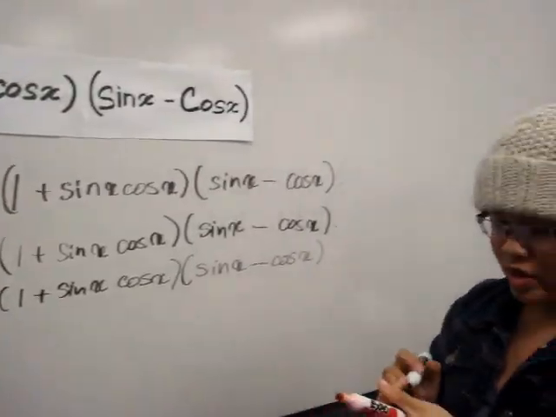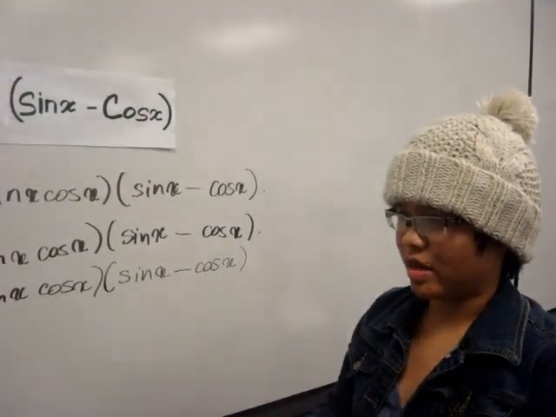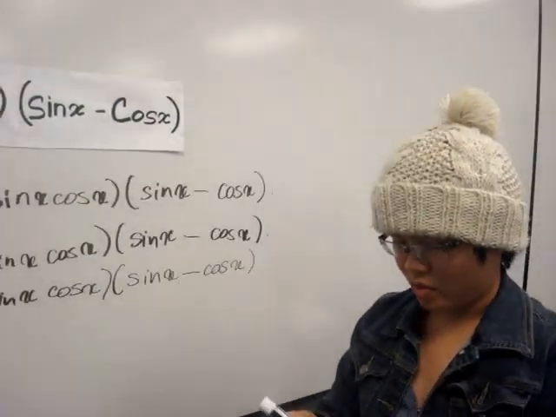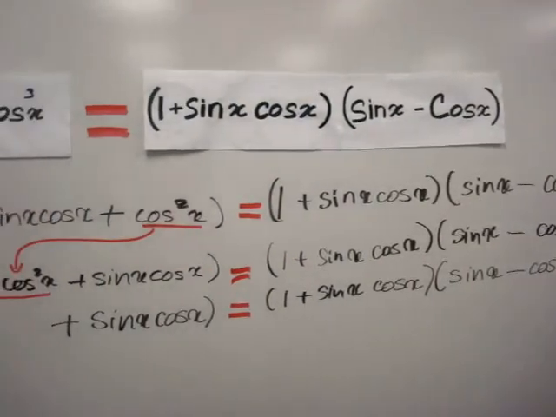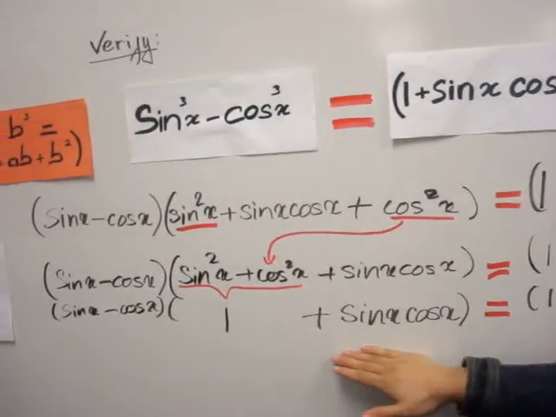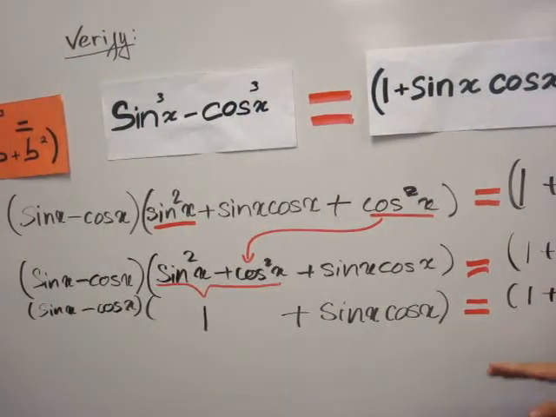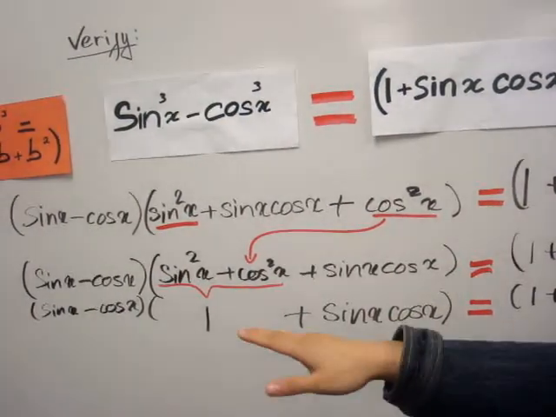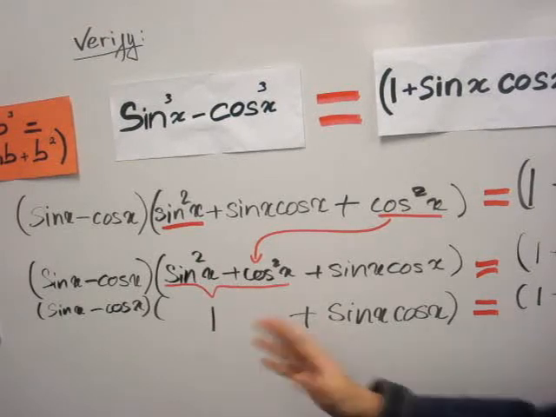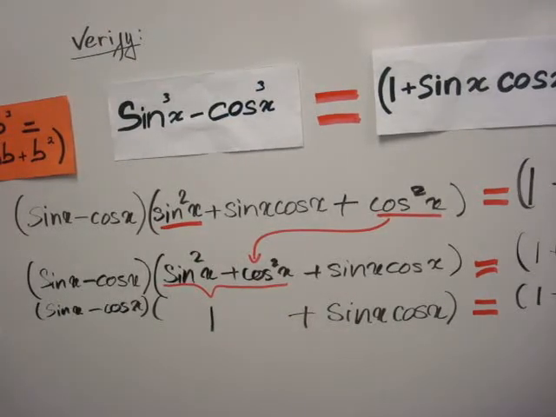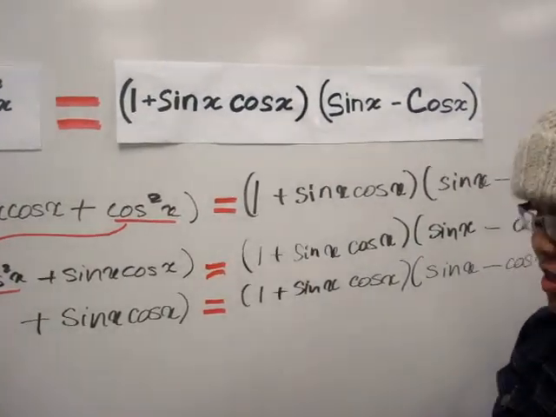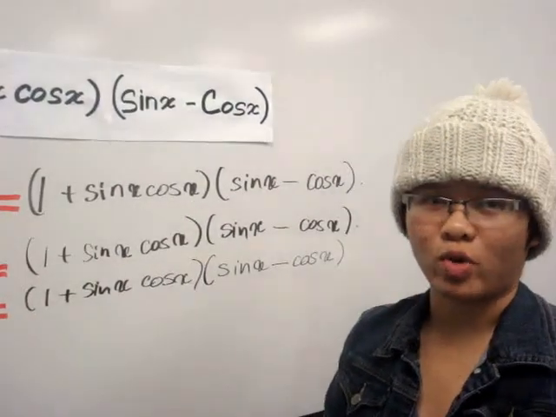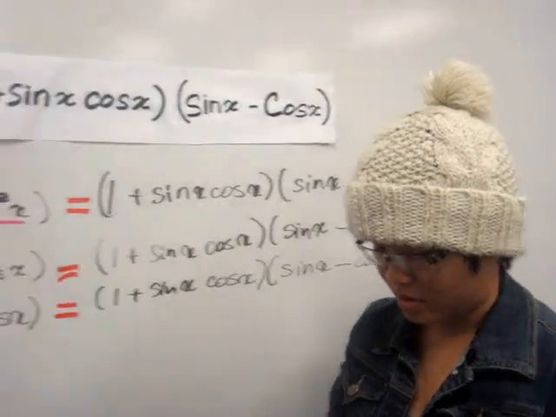And now we can see that both sides are almost the same. We just change this, write it again and move it to the front, and we have the solution, what the problem requires us to do.